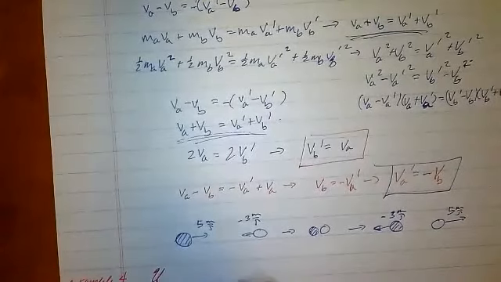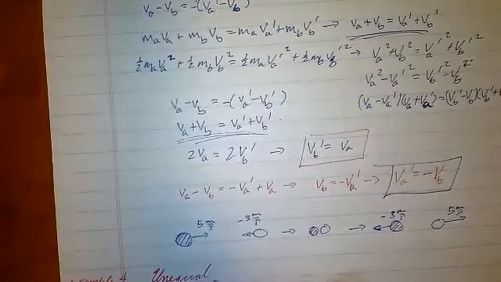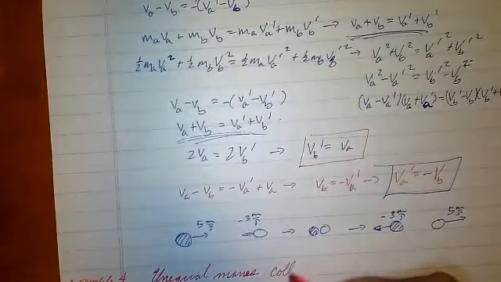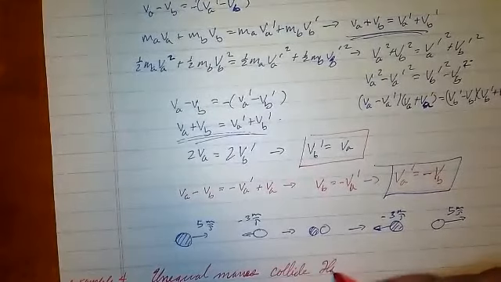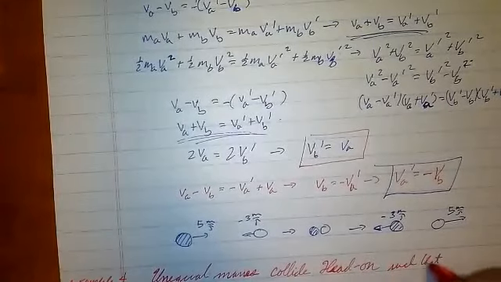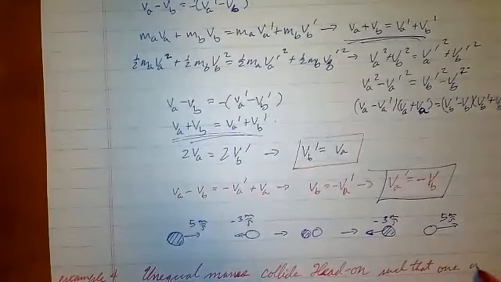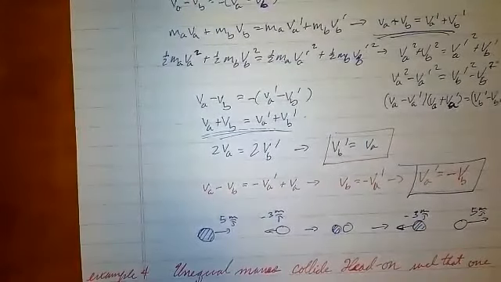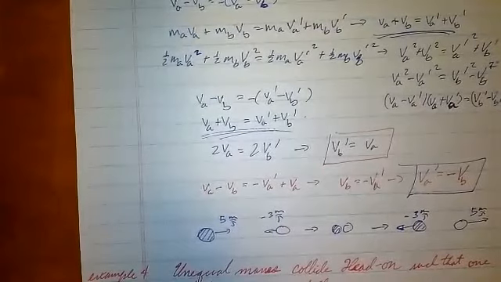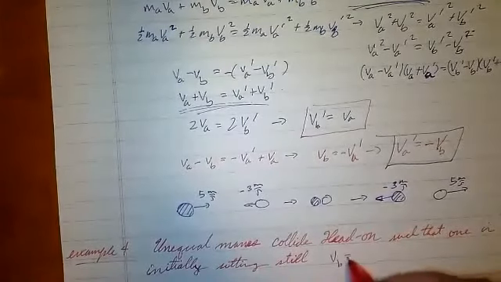So example 4, we have unequal masses that collide head on, and that actually is sufficient to say it's one-dimensional, by the way, such that one is initially sitting still. So what that means is VB is equal to 0.